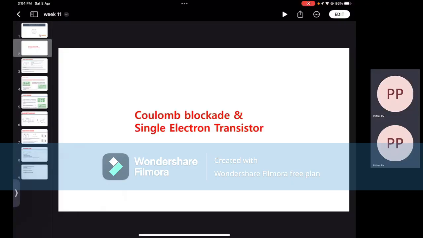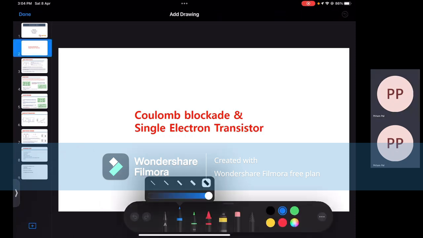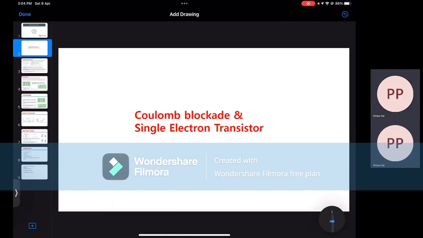Where is the... Yeah, now I can edit it. Yeah, it's fine. It's working. I hope my cursor is visible, and I will mainly use this.